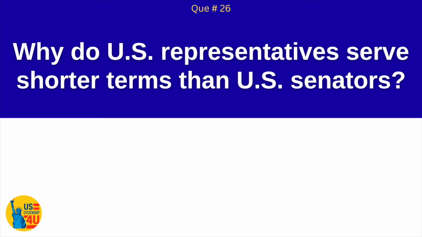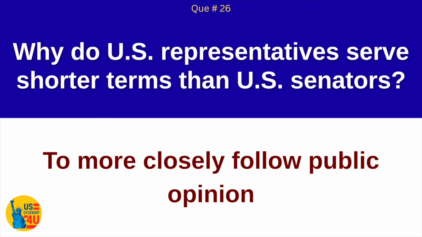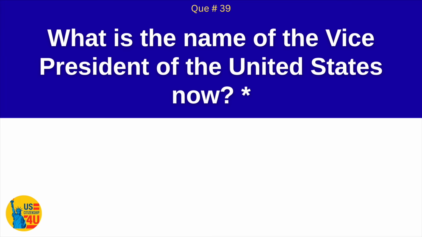Why do U.S. representatives serve shorter terms than U.S. senators? To more closely follow public opinion. What is the name of the Vice President of the United States now? J.D. Vance.